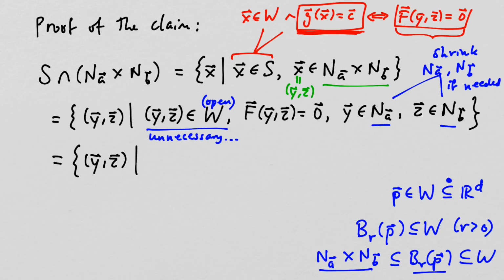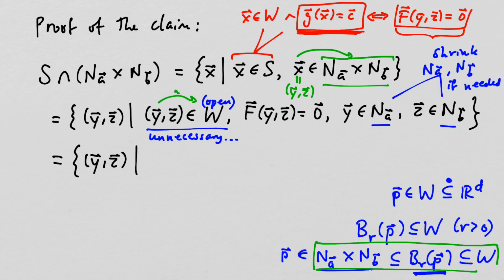Okay, because remember that the point P is inside both. Point P is inside this one as well. So you're just shrinking it around the point P. You can imagine closing those down so tightly around P that it fits within this ball, centered at P. And then it will belong to W anyway. So you see, the fact that the point X is already in this set, well, if that set is already contained within W, then that point is also in W automatically.